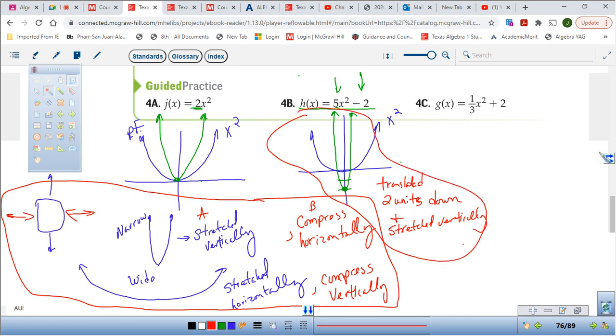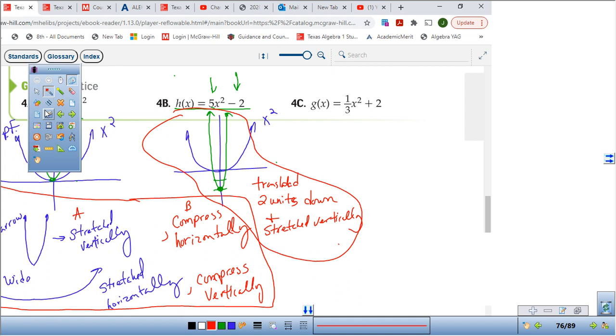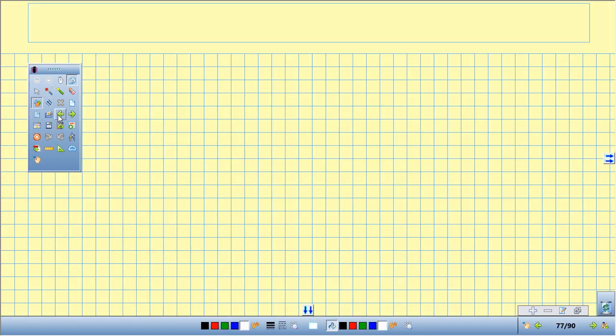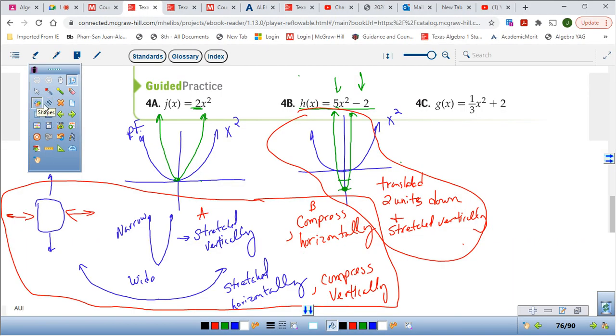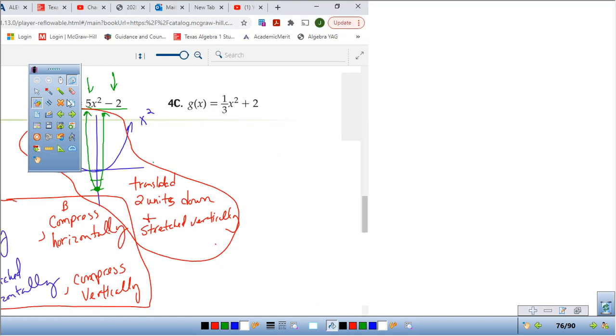There it is. Let's try 4C now, ready? Jennifer, try 4C real quick on your own. I'll do the parent function.